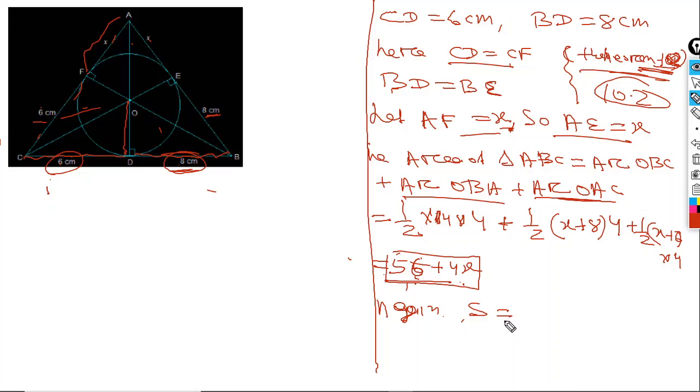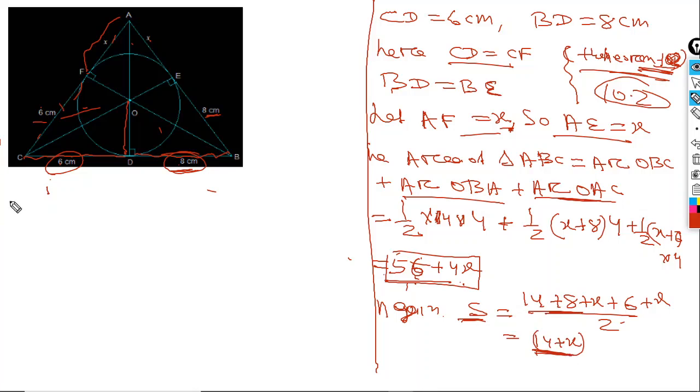So s will be equal to 6 plus 8, which is 14, plus 8 plus x, plus 6 plus x, divided by 2. Then it will be equal to 14 plus x. So s equals 14 plus x. Please find the answer.